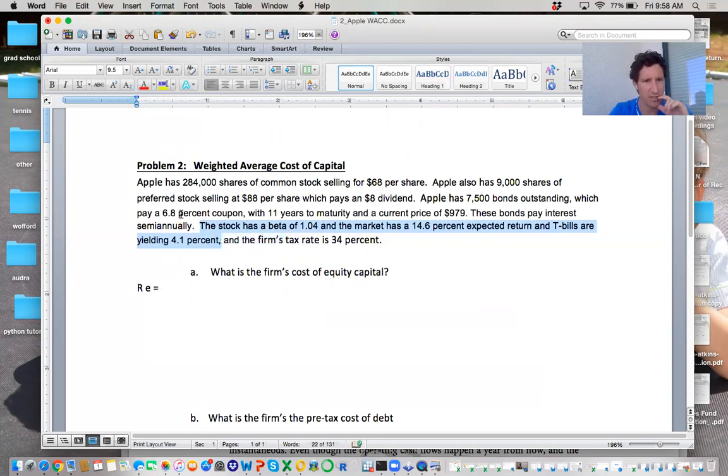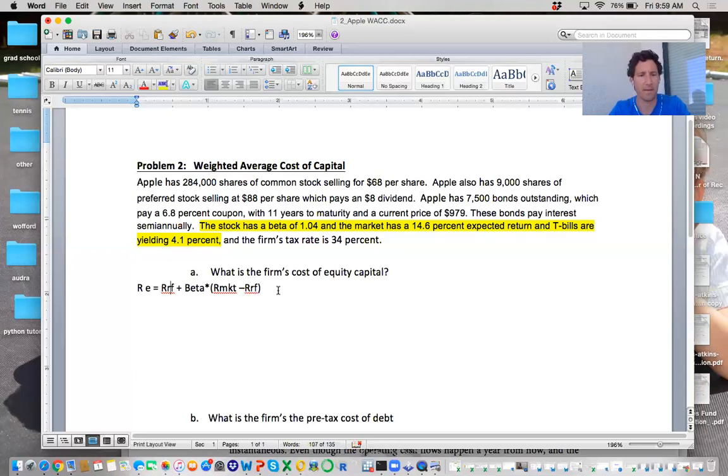All right, so this piece right here is all about our stock, our equity in the firm. We've got beta, market rate, T-bills, so we know that's going to be CAPM. Okay, so using CAPM, we've got risk-free plus beta times market return, return on the market minus risk-free return.